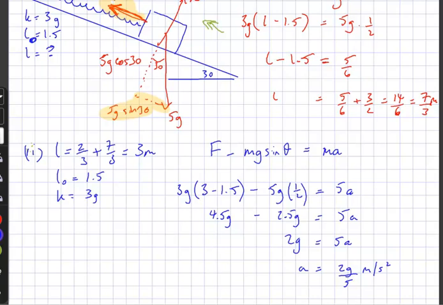Okay, there are some very simple questions there, nothing too taxing, I would argue, and you should now be able to have a go at exercise 7E on page 138, and that is the last of our chapter 7.